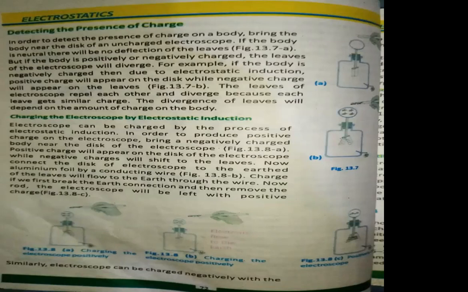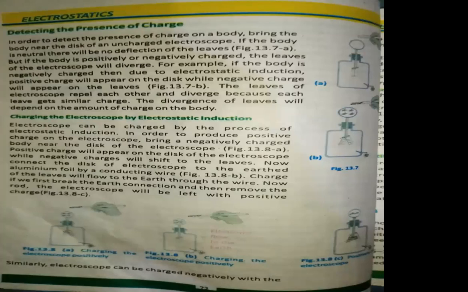So if we bring the positive rod near the two spheres, which are attached close to each other, this positive rod will attract the negative charge in sphere A and repel the positive charge. In A, a negative charge is created, and in sphere B, the positive charge is created.